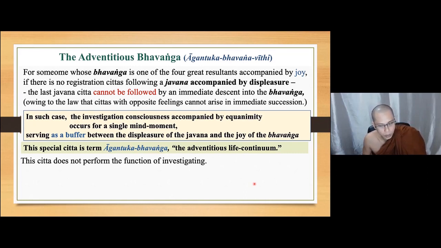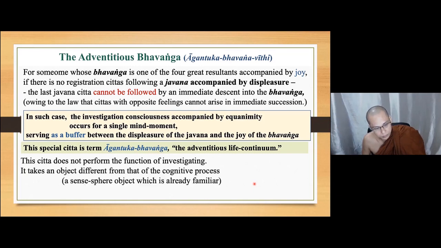So what about the object? We have the name of that moment, and what about its object? Because it does not have the same object as the patisandhi and bhavanga, as the normal bhavanga does, this is the adventitious bhavanga, and we need to identify the object. If it were the same as the original bhavanga, we could say it is the original bhavanga, but it does not take the same object.